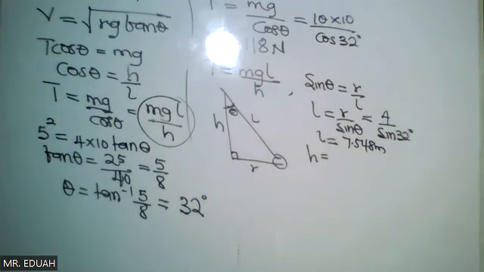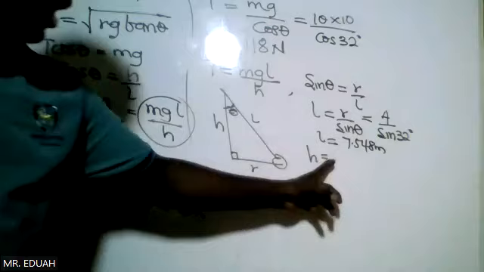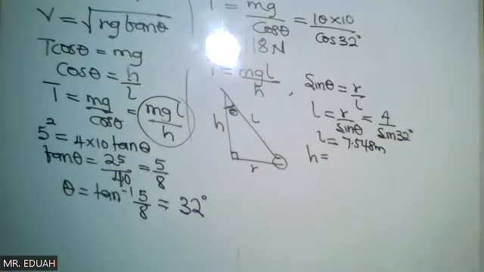H is equal to the square root of L squared minus R squared. Give me the value. What is H?